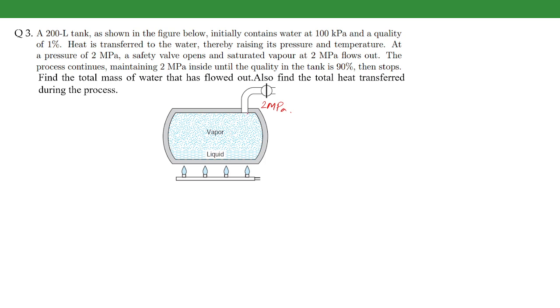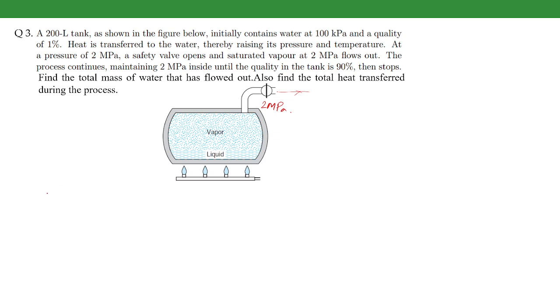So at 2 megapascal, the vapor is being taken out from the container, and the heating process is continued such that more and more liquid gets converted to vapor and the vapor is being pulled out, and this process continues till 90% of the mixture is vapor. So we have to find out the total mass of water, that is steam, that has been taken out, and what is the total heat transferred during the process.